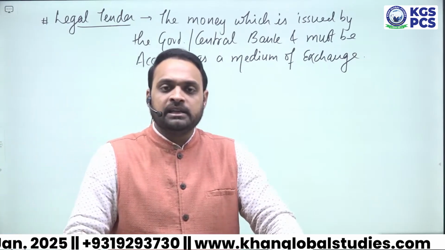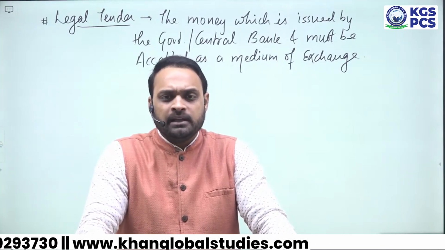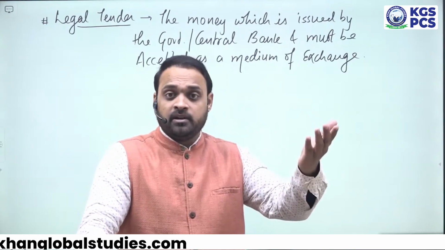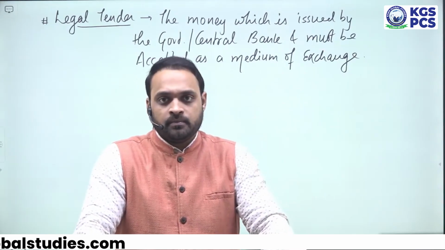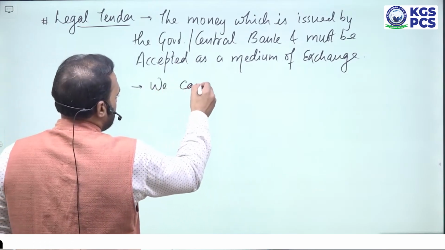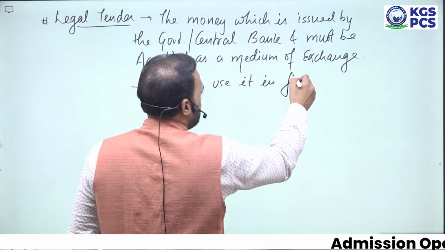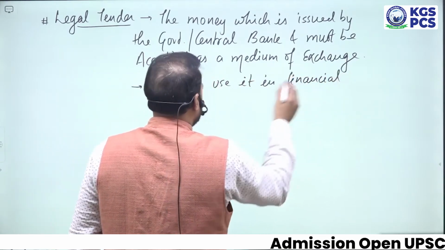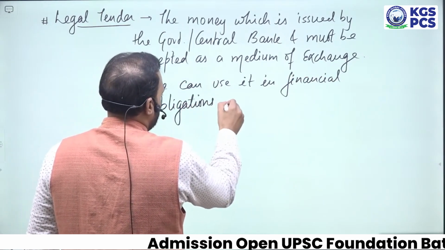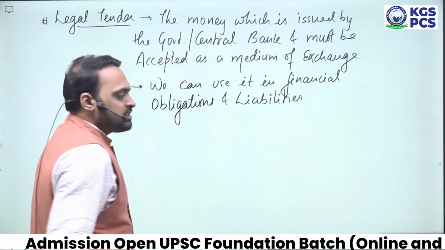Legal tender means any commodity which is declared by the government that this is money, and we can use it in financial obligations and liabilities. Financial obligations and liabilities means what?